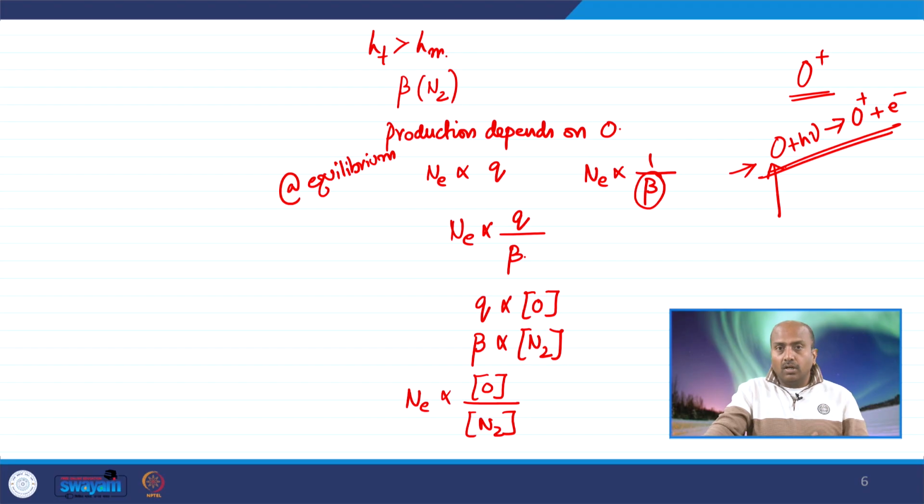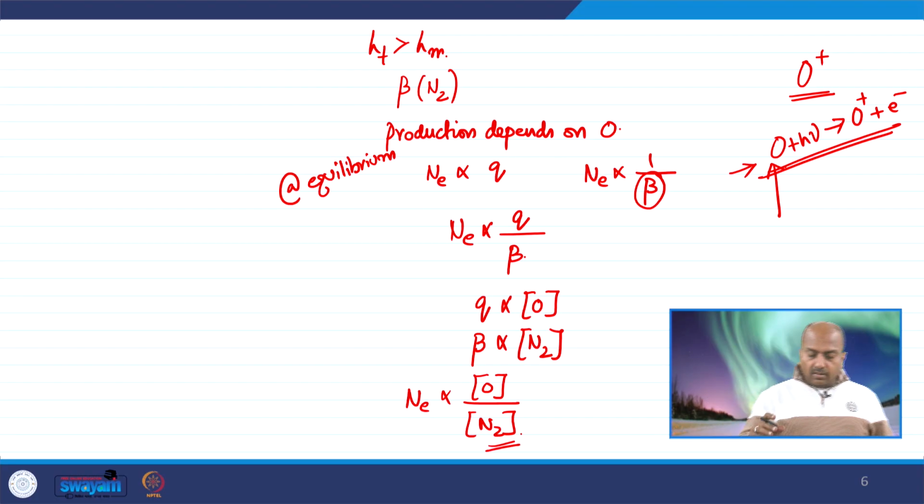If there are more N2 molecules, the number of electrons will be less. That means electrons are lost fast. And if there are fewer N2 molecules, the number of electrons will be more. If there are more electrons, you see a peak. If there are not, you see something opposite. Right. Ne is proportional to O by N2.